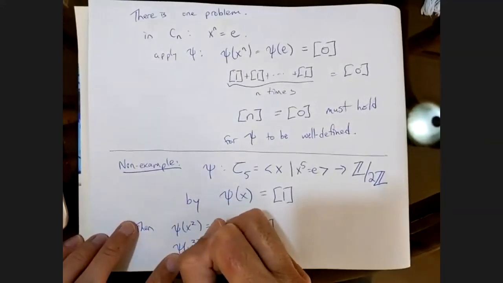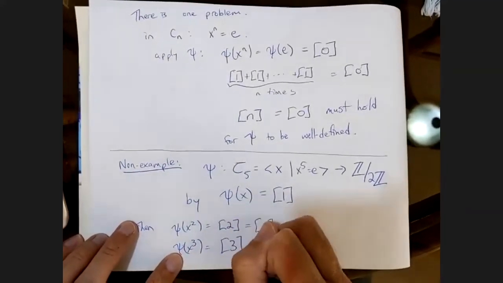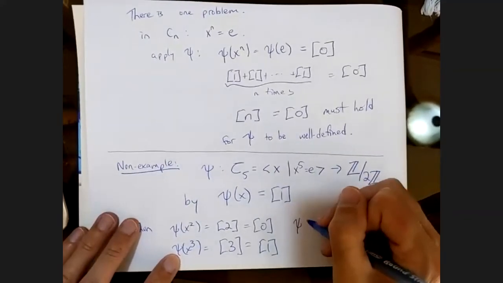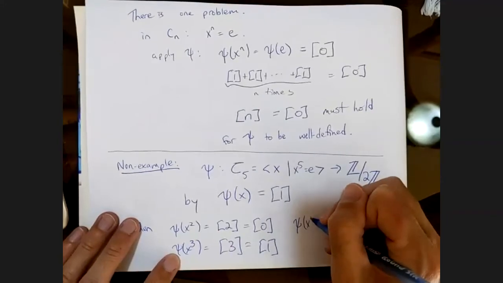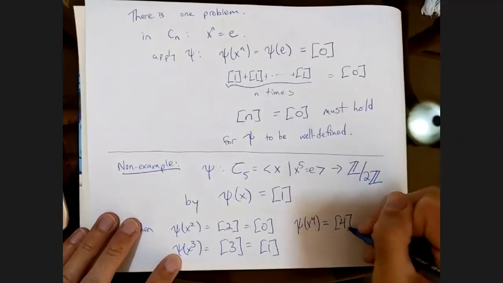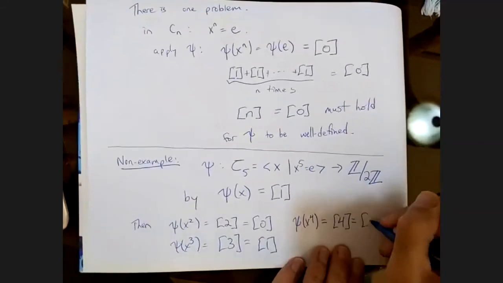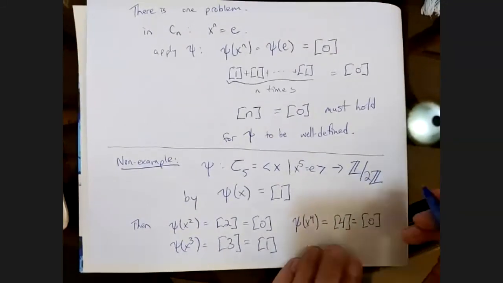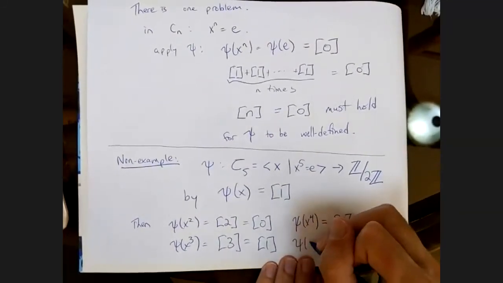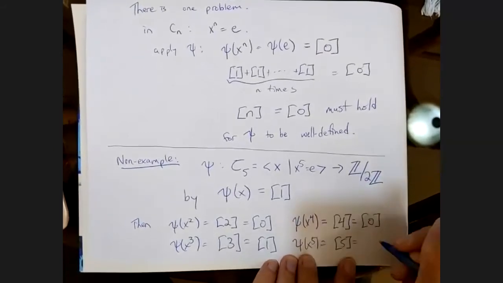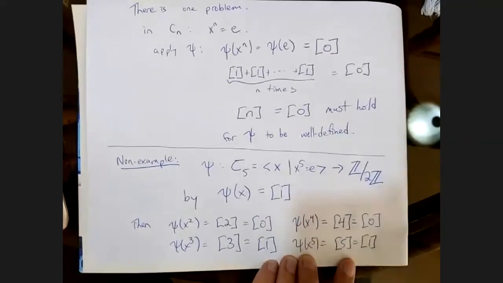Psi of x cubed is the equivalence class of 3, which is the equivalence class of 1. So far, everything seems fine. Psi of x to the 4 is the equivalence class of 4, which is the equivalence class of 0 because 4 is congruent to 0 mod 2. Psi of x to the 5 is the equivalence class of 5, which is the equivalence class of 1.